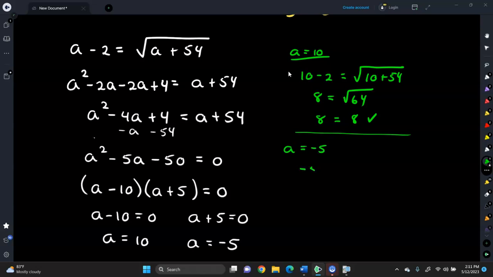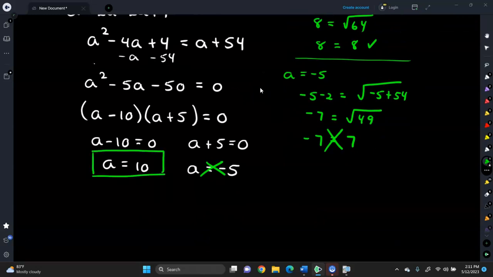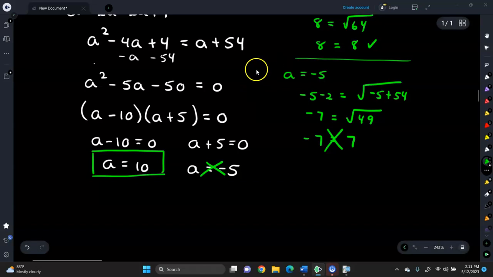We get negative 5 minus 2 equals the square root of negative 5 plus 54. So negative 7 equals the square root of 49. That is not true, because the square root of 49 is 7. So this doesn't work. That is an extraneous solution. That means a equals 10 is my only solution.